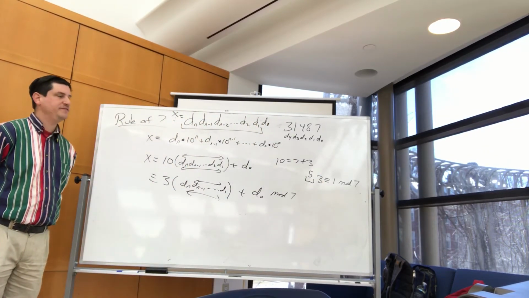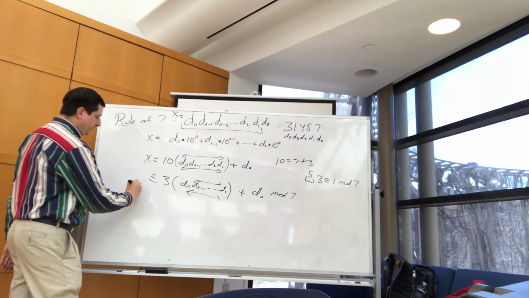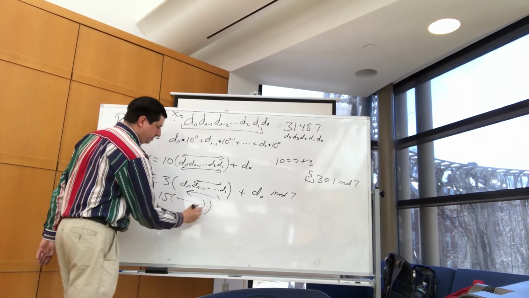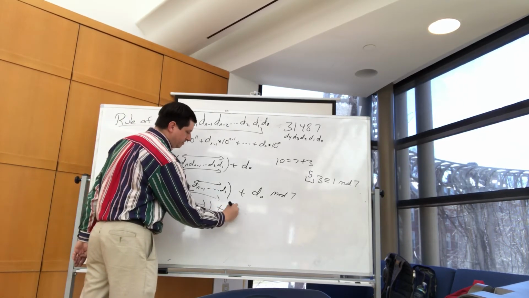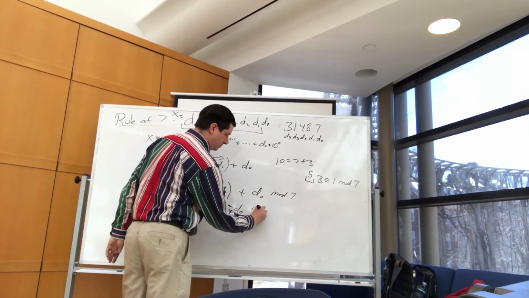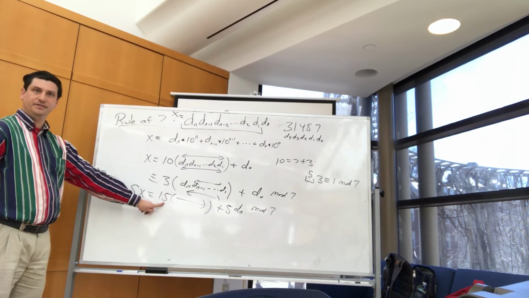Does everybody agree that 5 times 3 is 1 mod 7? So if I multiply by 5, x is going to go into 15 times my number plus 5 times d_0. They'll be the same mod 7. But 15 is the same as 1 mod 7.